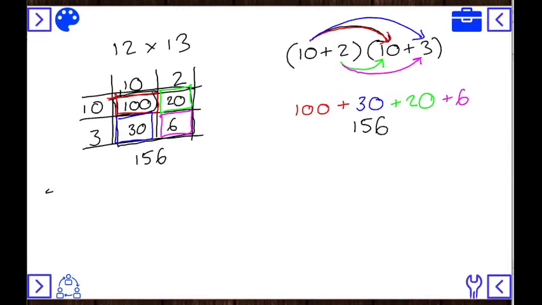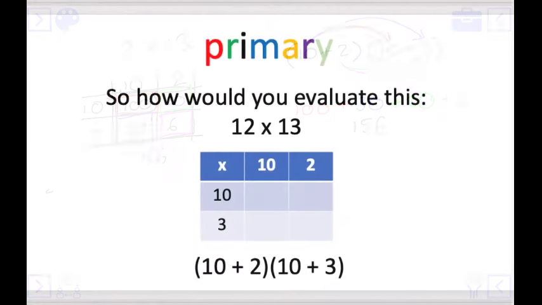But it was a great way of showing two different methods of getting the same answer that can be applied to the problem that we had to begin with.